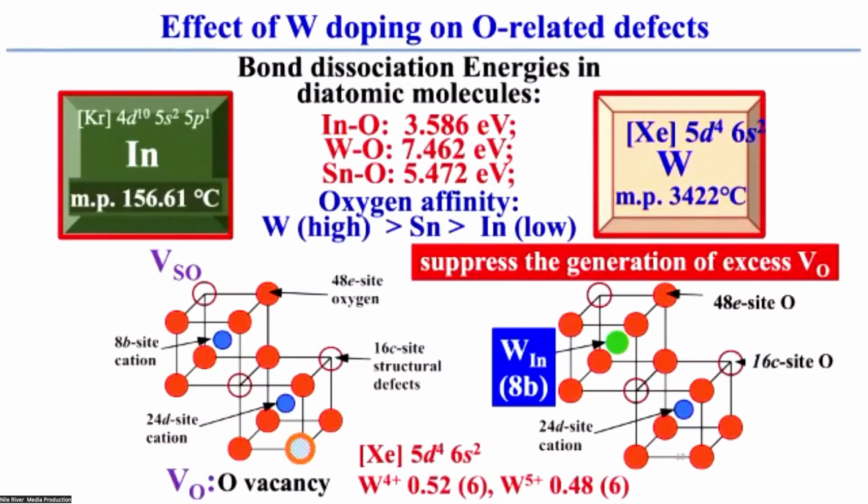You see the bond dissociation energies of indium oxide, tungsten oxide, and tin oxide. Tungsten shows a high oxygen affinity, so the use of tungsten doping will suppress the generation of excess oxygen vacancies, a killer of the carrier transport.